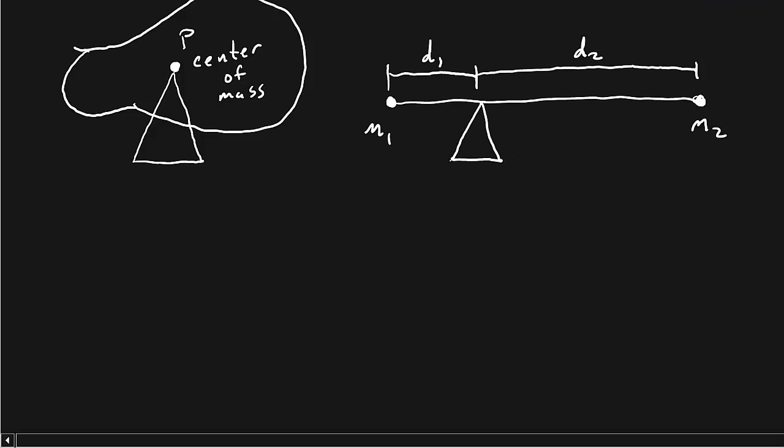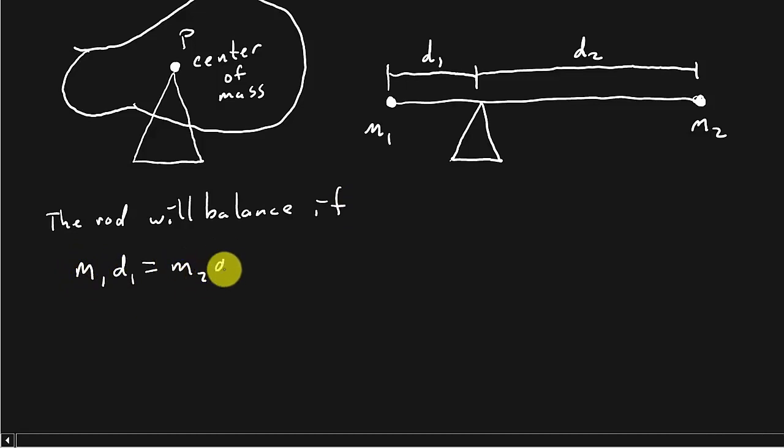So basically the rod will balance if M1 times D1 is equal to M2 times D2, if those two are the same.